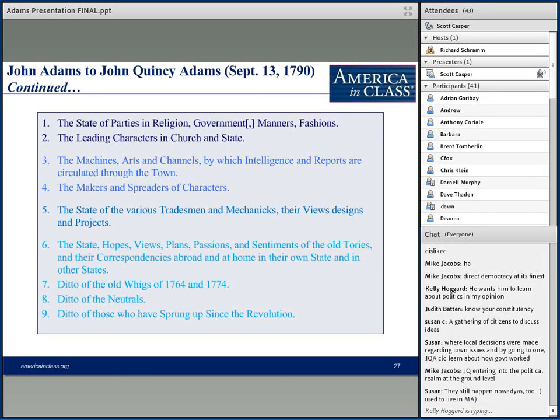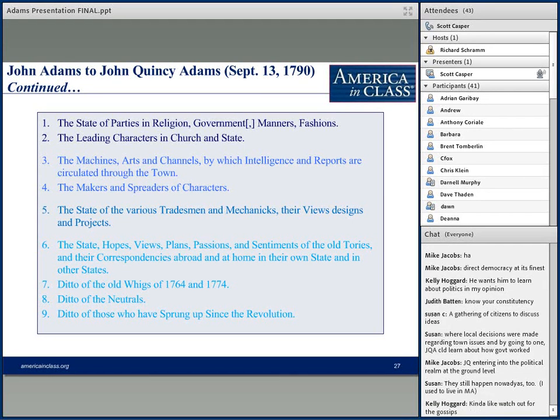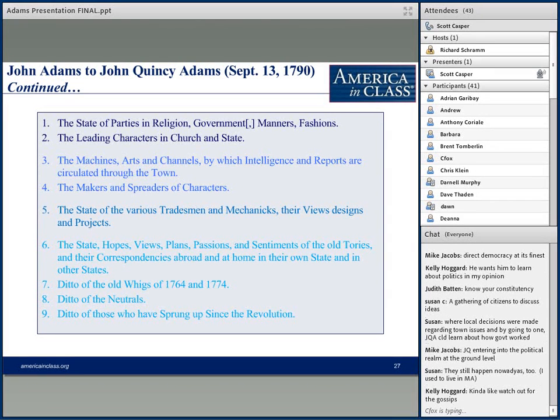The third piece that you find out here in number 5 is economics, right? The state of the various tradesmen and mechanics, their views, designs, and projects. So if number 1 and 2 are about religion and government, number 3 and 4 are about news, number 5 is about that world of people who make their livelihoods in economics, in trade.